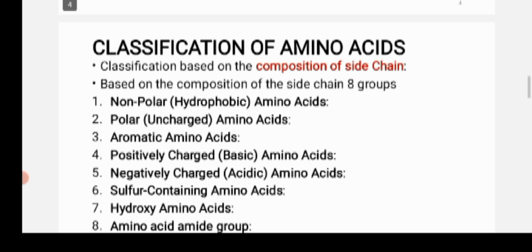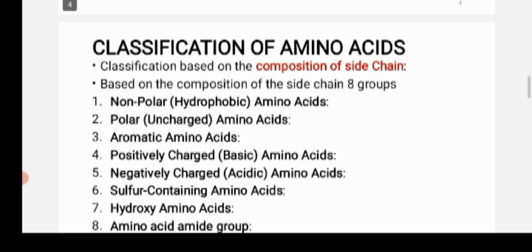They are: non-polar amino acids, polar amino acids, aromatic amino acids, positively charged amino acids, negatively charged amino acids, sulfur containing amino acids, hydroxy amino acids, and amino acids with an amide group. For example, non-polar amino acids are hydrophobic in nature, and polar amino acids are uncharged.